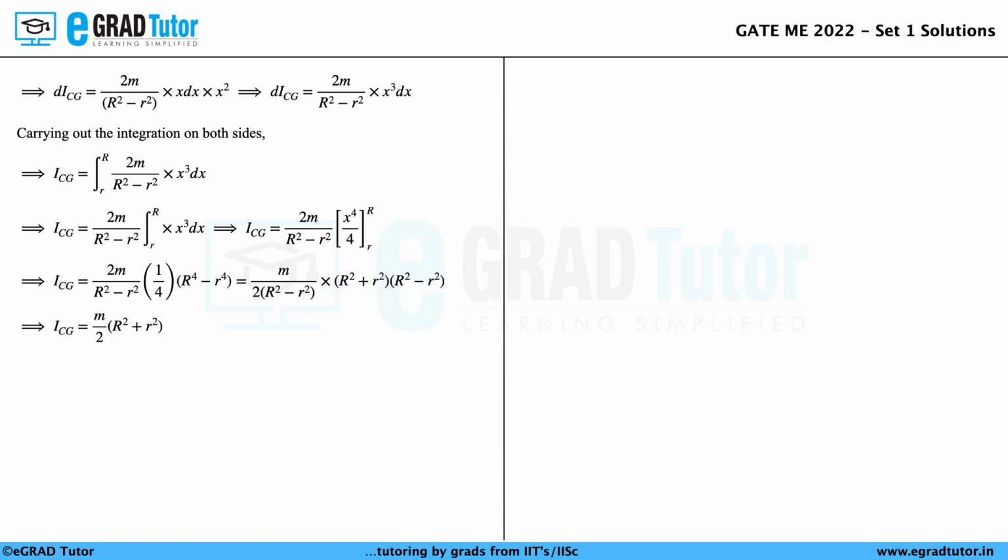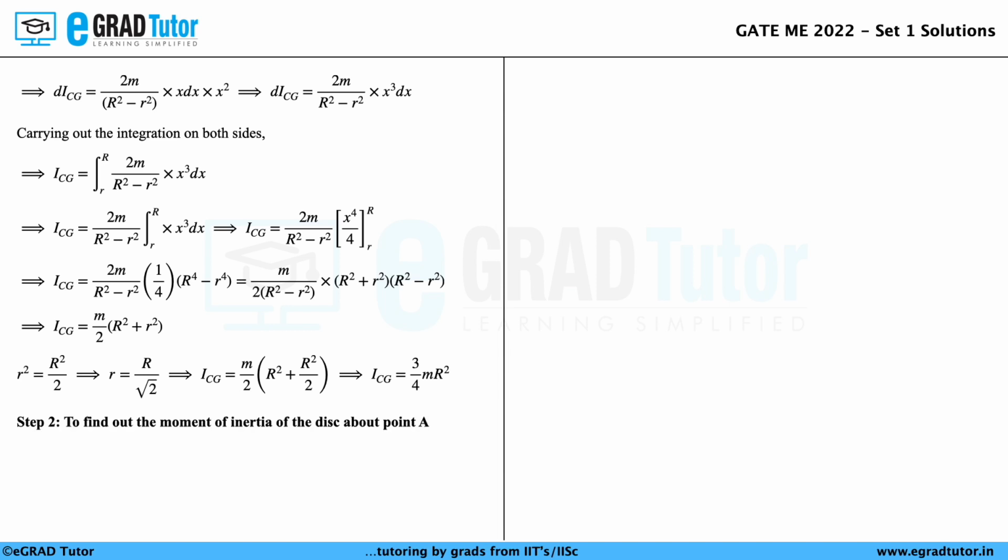Here we can make use of the given relation, which is small r square is equal to capital R square by 2, and upon substituting and simplifying, we get the final moment of inertia of the given annular disk about the center of gravity as 3 by 4 into m capital R square.